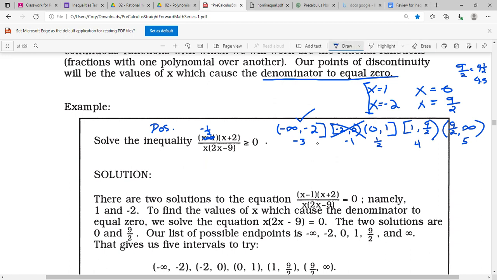And then 1/2 plus 2 would be 2.5. And so that's a negative times a positive. It's going to be negative on the top. Right, and then we have 1/2 of 2 will be 1. 1 minus 9 would be -8. Times 1/2 would be -4. Negative times negative makes a positive, so that is positive. So that one works.